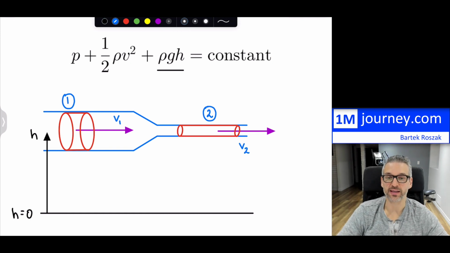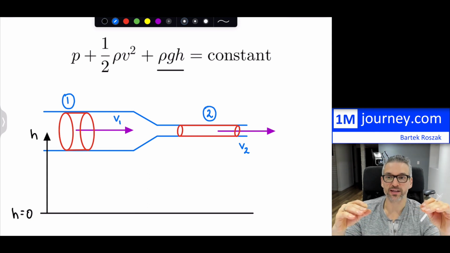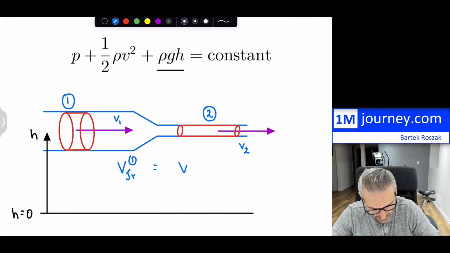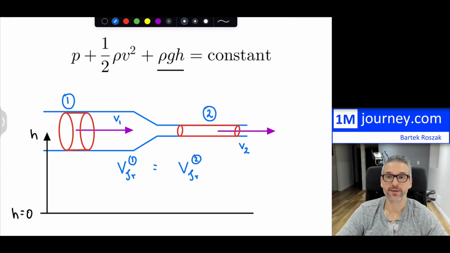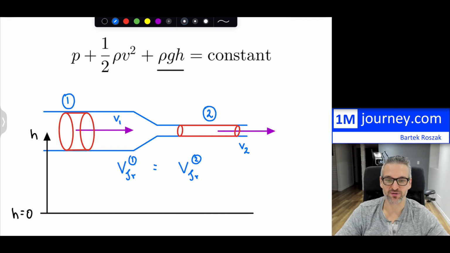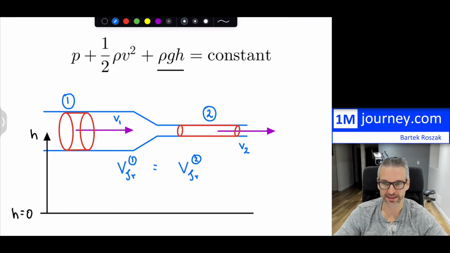V2 is going to be faster than V1 because of the narrowing, and we know the volume flow rate from the first tube is always equal to the volume flow rate of the second tube. This is due to continuity, the law of conservation of mass and the volume that flows from one to the other. I'll put up a link up above that mentions volume flow rates, so you should understand what a volume flow rate is.